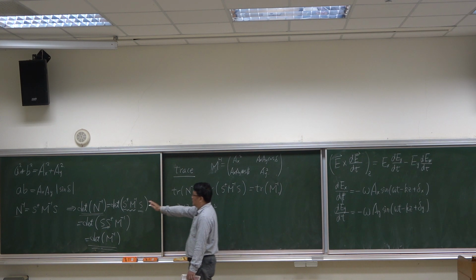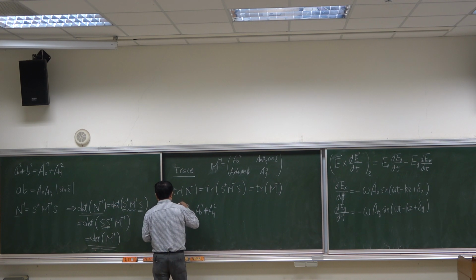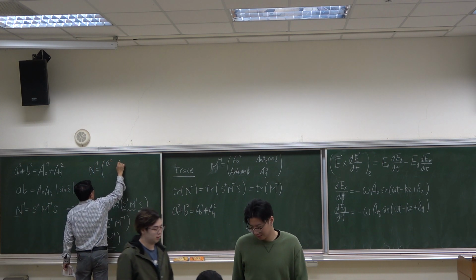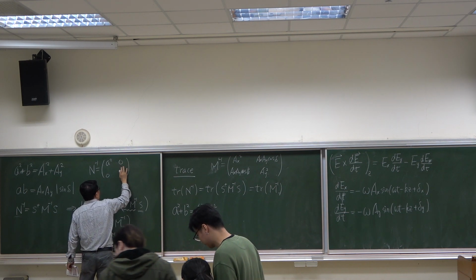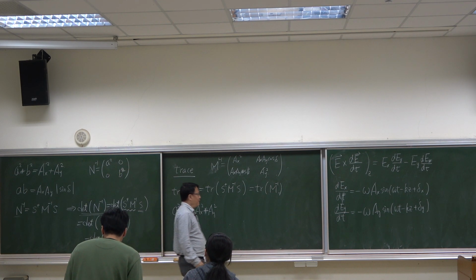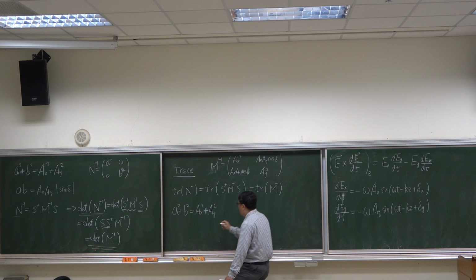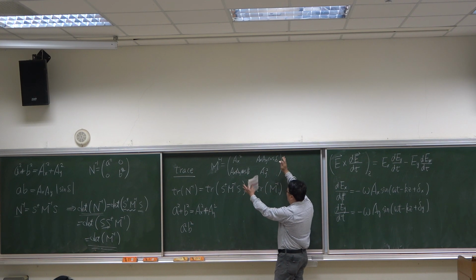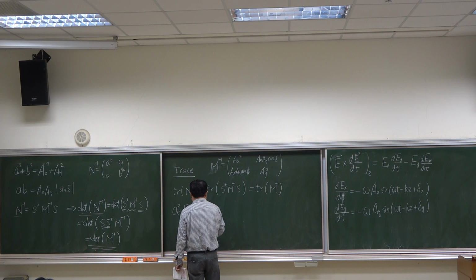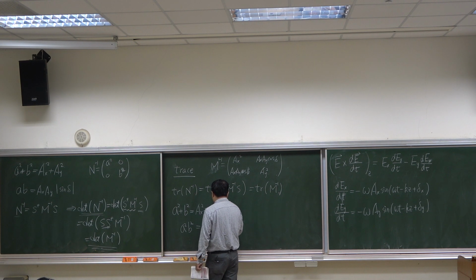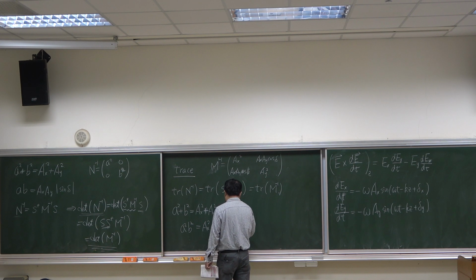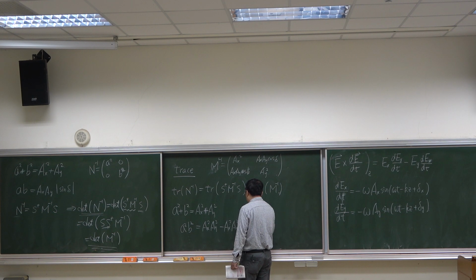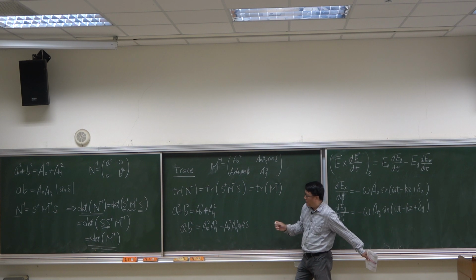And how about the determinant? The determinant of N inverse is just A squared times B squared. And the determinant of M inverse is AX squared AY squared minus AX squared AY squared times cosine squared delta. And 1 minus cosine squared delta is equal to sine squared delta.